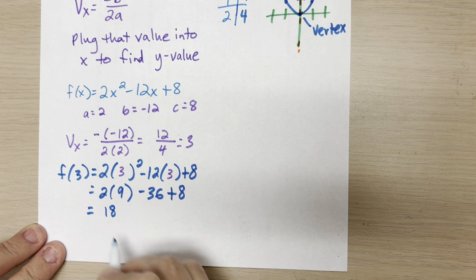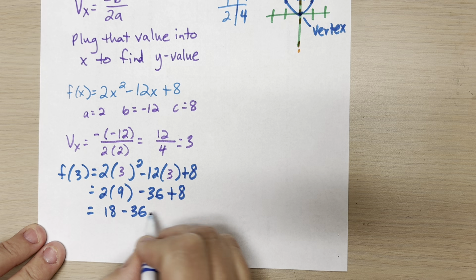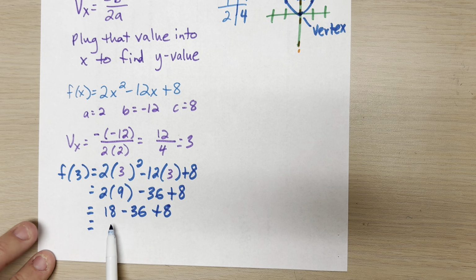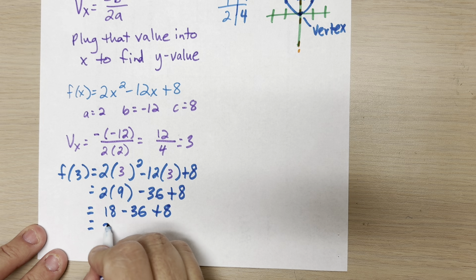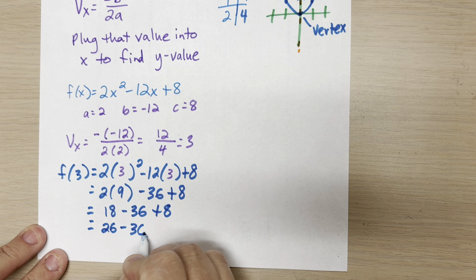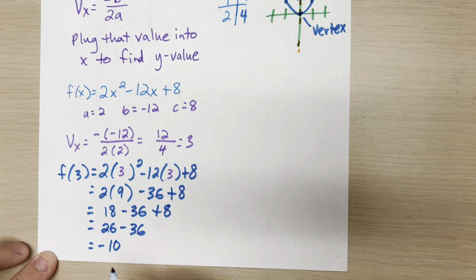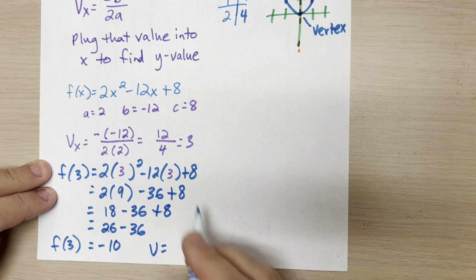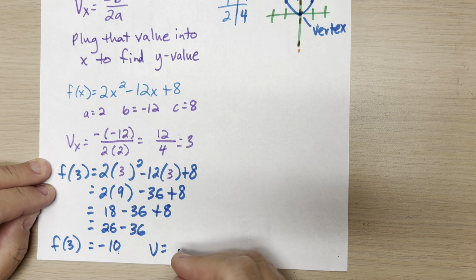This will give us 18 minus 36 plus 8. I like to combine the positive things, so 18 and 8 is 26. 26 minus 36 is -10. That means our vertex is the point 3, -10.